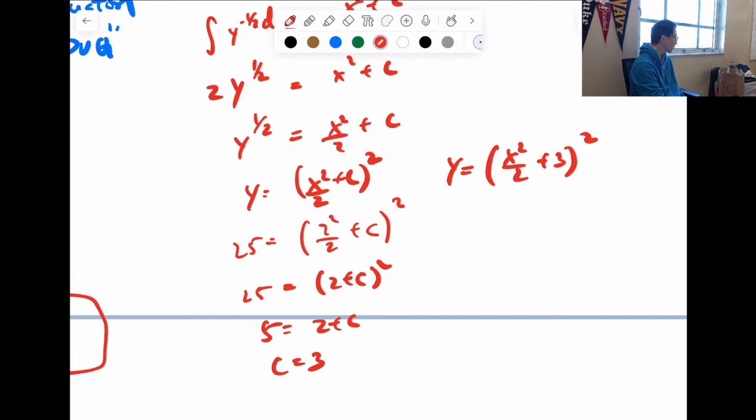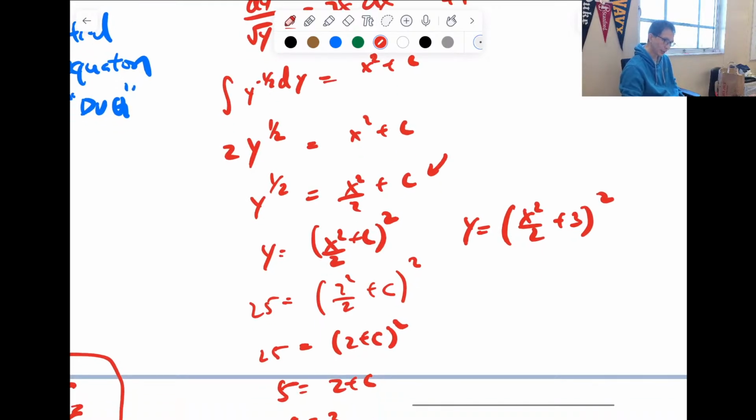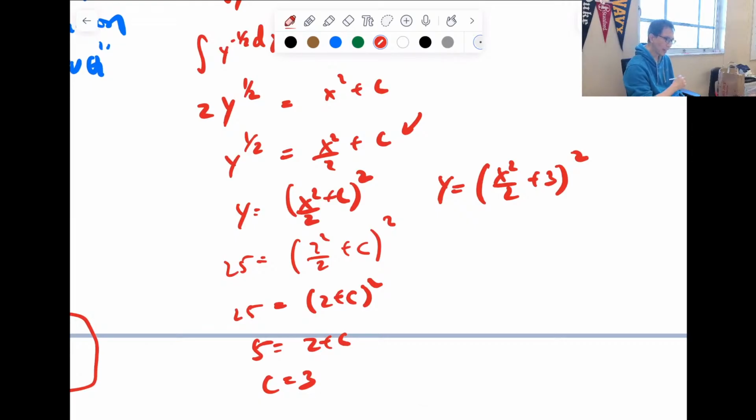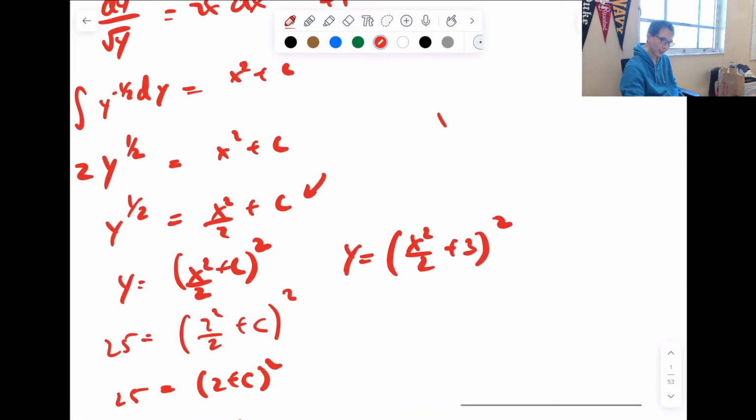Is it possible to get different c values? He got a 6, me too. But the problem is, you did it right here, and another issue might occur later. So usually I solve for y first, and then I get c here. Also, I don't take into account c divided by 2. c divided by 2 is just c. So if you and Jacob got similar answers, x squared plus 6 over 2, squared, are they the same answer?